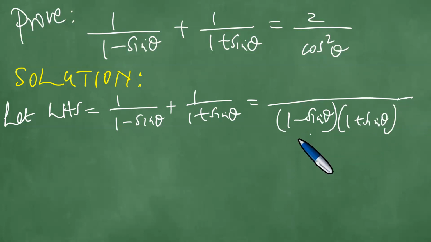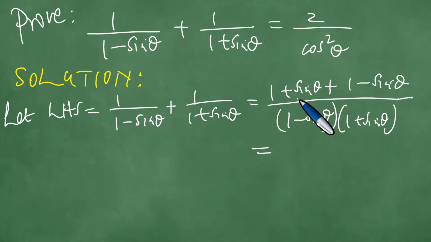Divide this one by 1 minus sine and you get 1 plus sine, multiplied by 1, which is 1 plus sine theta. Then you have this divided by 1 plus sine, so you have 1 minus sine multiplied by 1, which is 1 minus sine. Sine theta minus sine theta is 0.